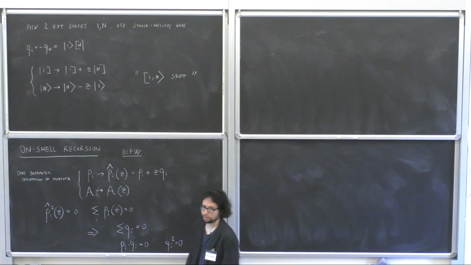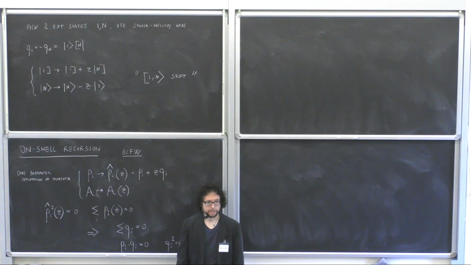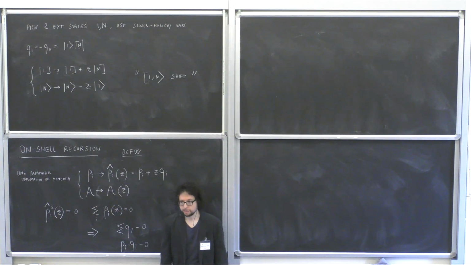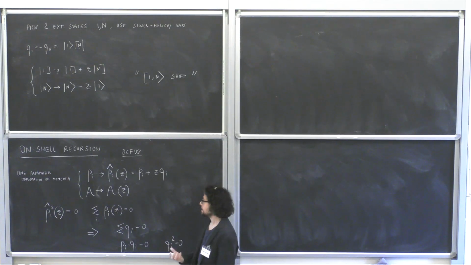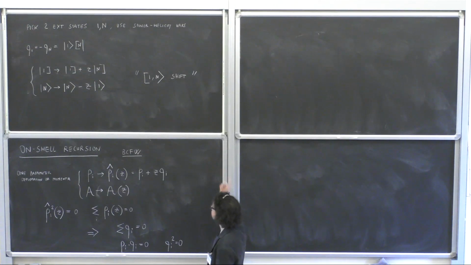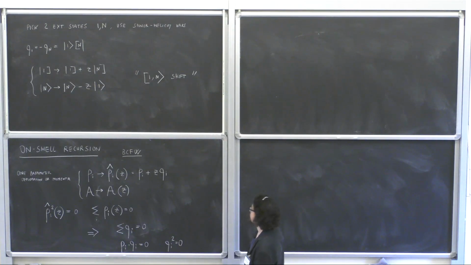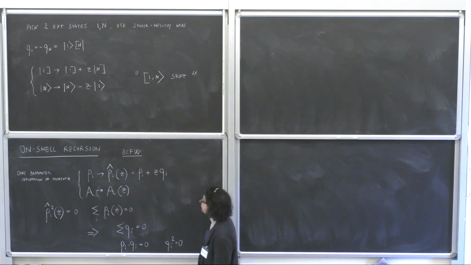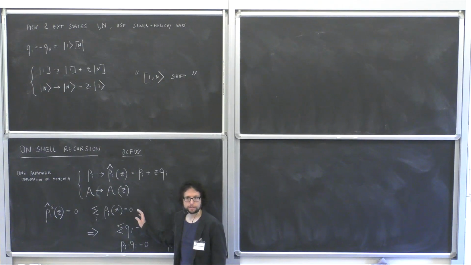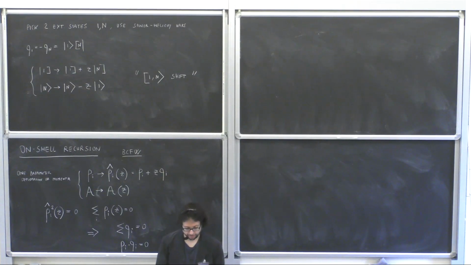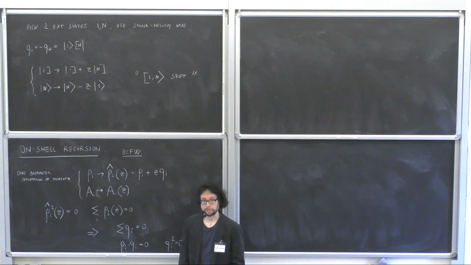Nobody tells me it should be involving only two external states. I can have many external states if I like. There's a variety of shifts. Already this picks two particular external states which play a preferential role. It's one of the simplest, but it's not unique. And then there's many, many possibilities. So appreciate this. And by no means I'm telling you that this is the only way of doing recursion. I'm just giving you this as a simple and very historically important example of recursion.